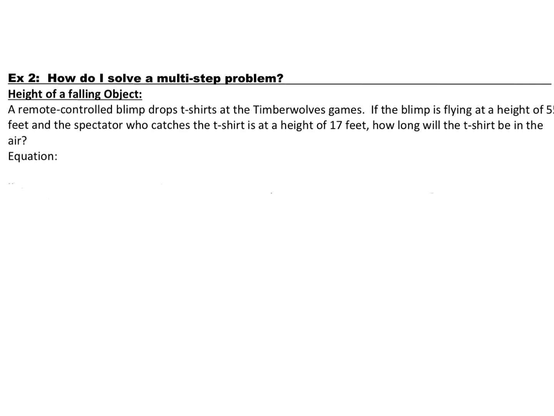All right, so we're going to use the vertical velocity formula, and I'm going to write down the formula and then I'll tell you what each part means. H is equal to negative 16 t squared plus vt plus s. All right, so the negative 16 represents the gravity that's pulling at the object. The t represents the time.